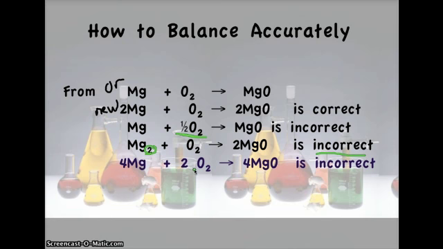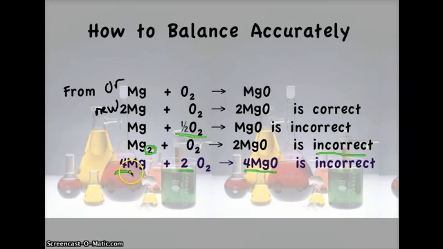The reason for that is because if you remember simplifying or reducing fractions back in grade school, it's the same idea. We have 4 magnesium plus 2 oxygen yields 4 magnesium oxide.